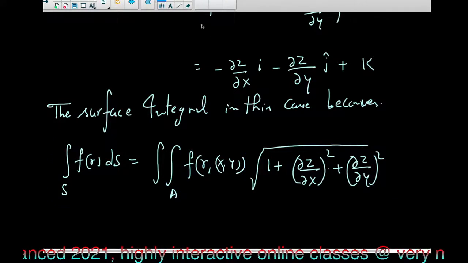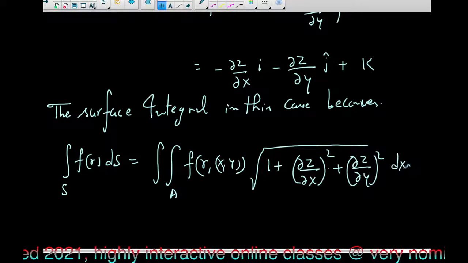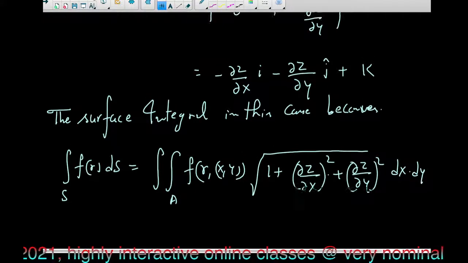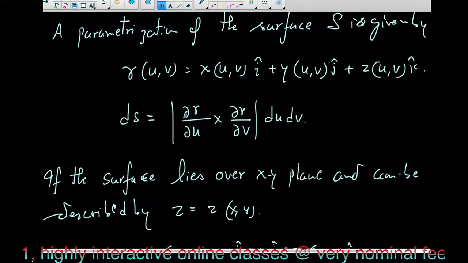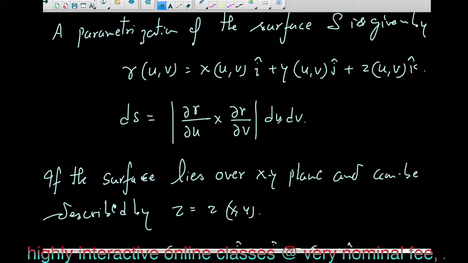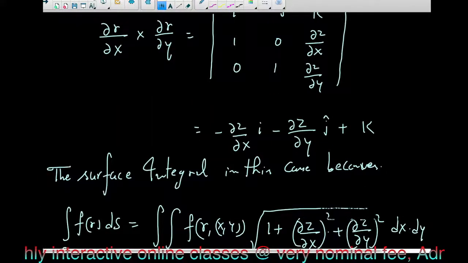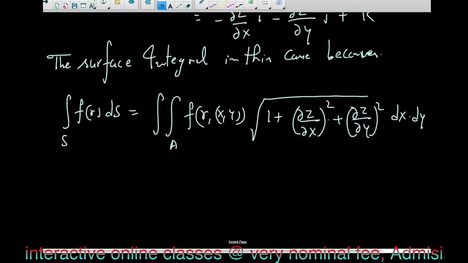And then we can write here simply dx and dy. Let's once again check ds. ds was del r by del u cross del r by del v, du dv, and similarly here it is dx dy. So I hope you are getting how to find a surface integral.